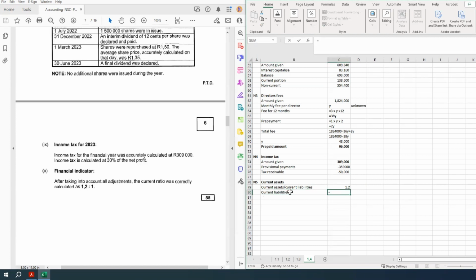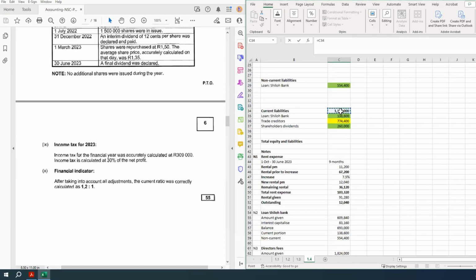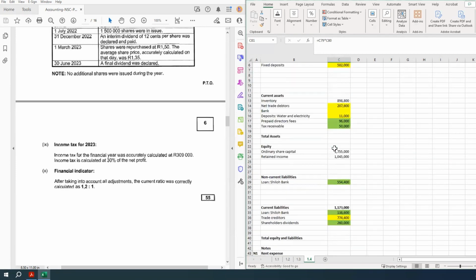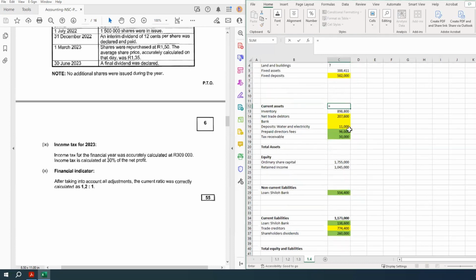So current liabilities, I've worked out, so there. And then my current assets, so if my current assets are 1.2 times higher, then to work it out, it's just the 1.2 times my current liabilities, which is the 1.4. So then I can go back and link the total.